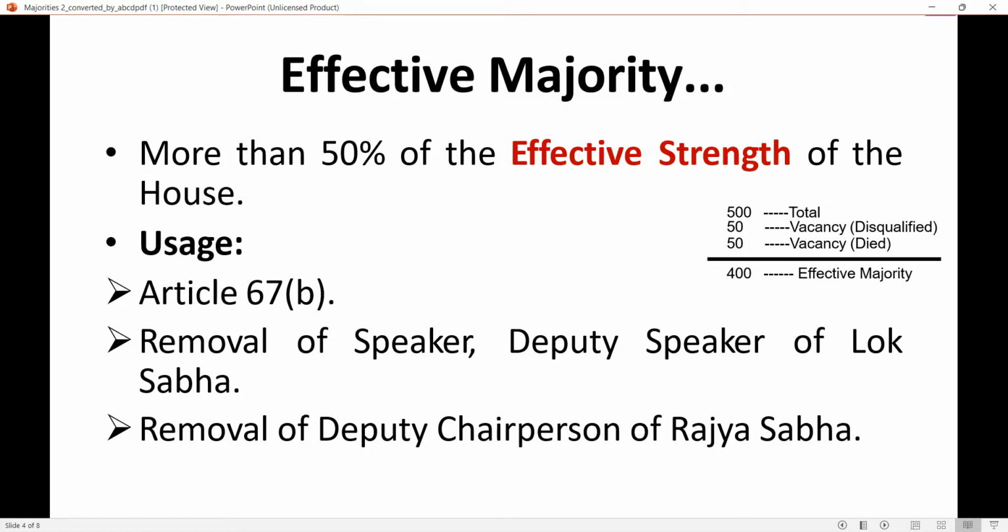This 400 will be counted as the effective strength, and if a bill or any resolution is to be passed through this majority, then in this case 201 will be the required number of votes to pass that bill. This kind of majority is used in the removal of a speaker, deputy speaker of Lok Sabha, similarly in the removal of deputy chairperson of Rajya Sabha, and this majority is generally not used elsewhere.